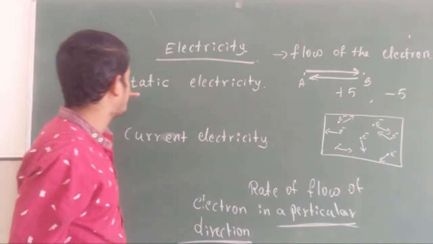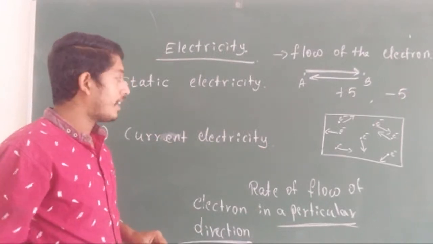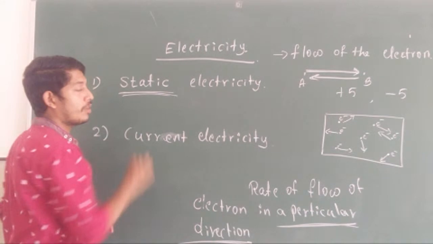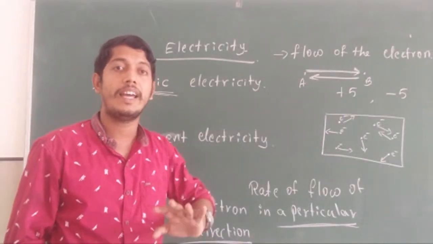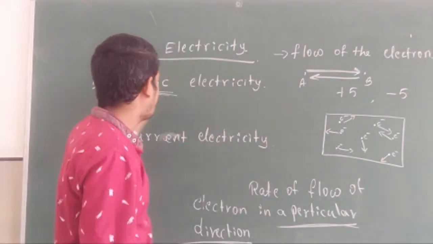And in this electricity chapter we have two parts: one is static electricity and one is current electricity. What is meant by static electricity? Static means it is constant. It does not move; the electrons are not moving. So static means constant electricity.